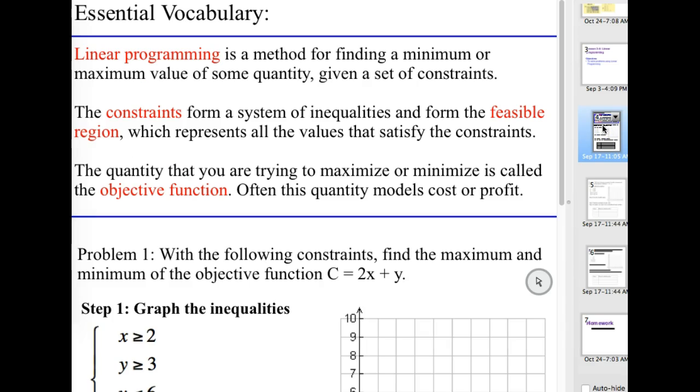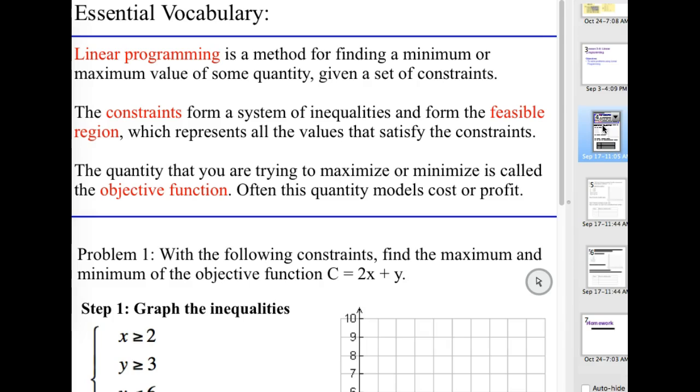So some vocabulary. Linear programming is a method for finding a minimum or maximum value for some quantity given a set of constraints. For example, if you were a business owner, you probably want to maximize your profit, right? You want to minimize your costs. But there are constraints. Maybe you only have limited space for storing materials, okay?